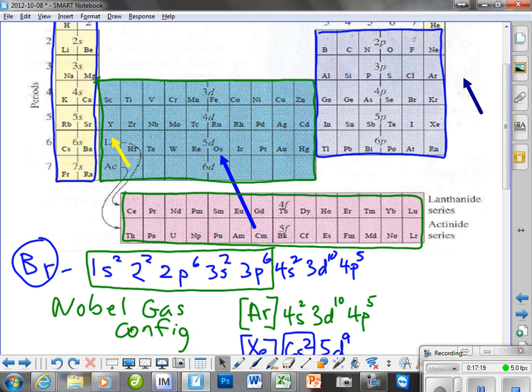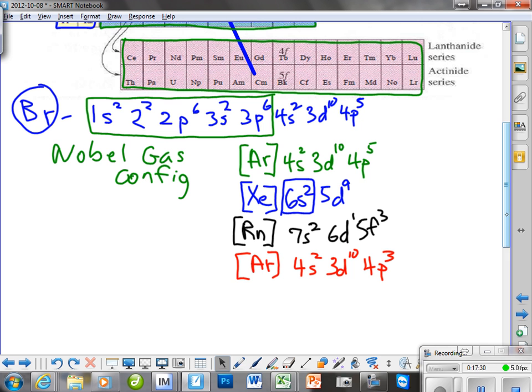Well, who's our noble gas? Xenon. Very good. So we've got our xenon, and we're going to start with xenon. For this configuration, we're doing osmium. The noble gas that we start with is xenon.